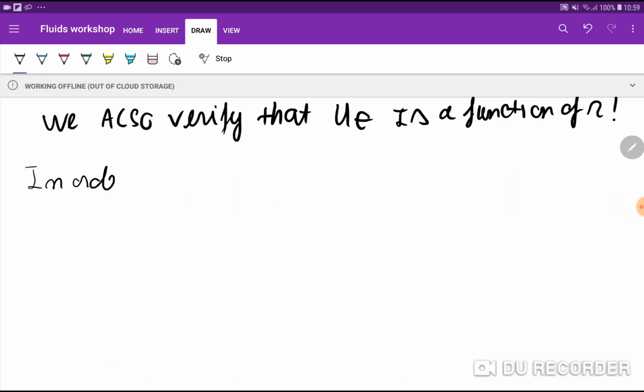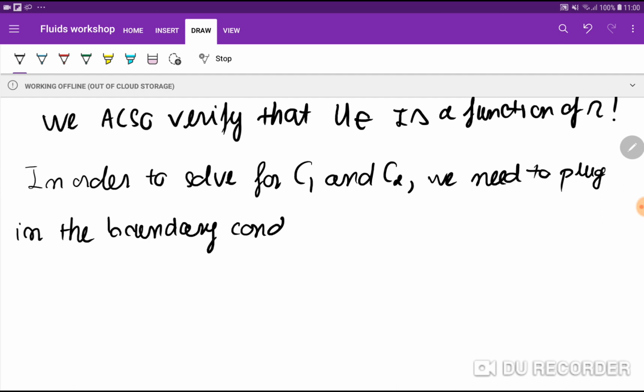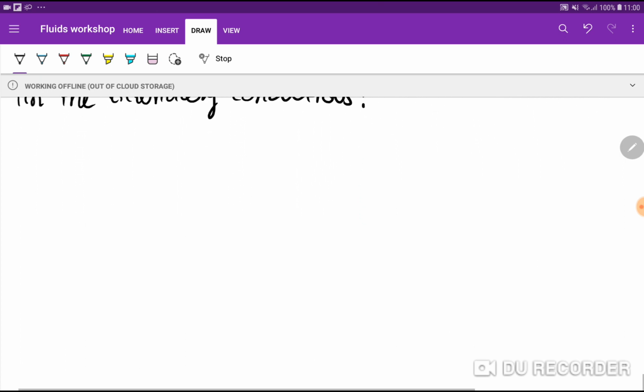In order to solve for C1 and C2, we need to plug in the boundary condition. Okay, so what's the boundary conditions?